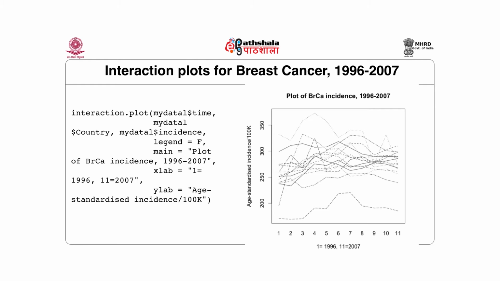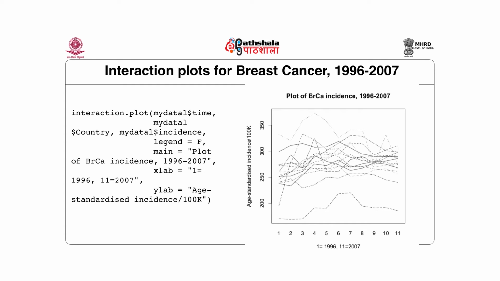Then the next thing which is important is that country is going to be my trace factor, because there are 16 units here. What we want to say is: what is the change in the incidence rates for each country? So that's why country becomes the next unit which we have to put.